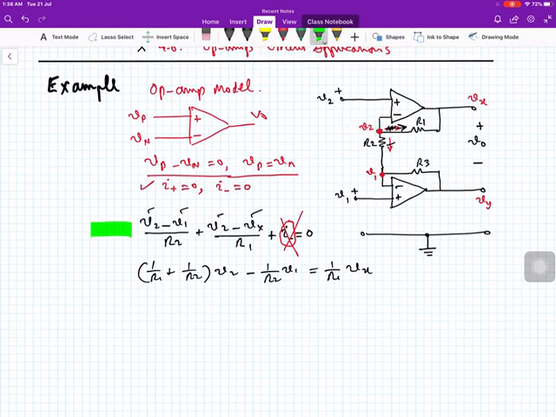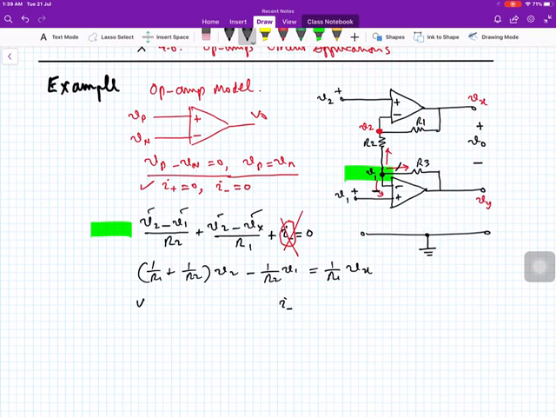Now we write the equation at this node. Again, as we have done in node voltage analysis, we assume all the currents are flowing away from the node. Look at the circuit diagram, and now write the equation. What is this current? This current is entering the inverting input of the operational amplifier shown at the bottom. What is this current?